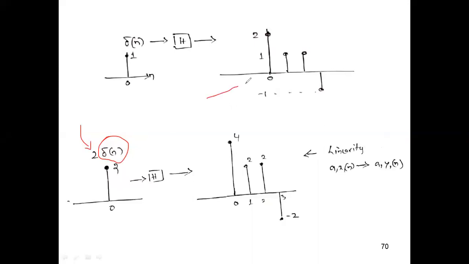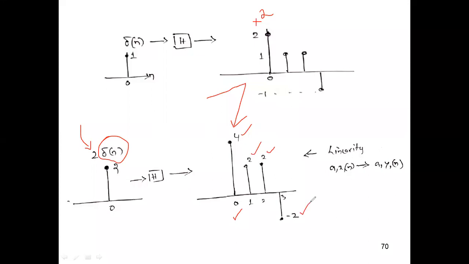So what's going to happen to the corresponding output here? The corresponding output is also going to scale by factor 2. Location is intact. This is also starting from 0 only, but every amplitude has been multiplied by factor 2.